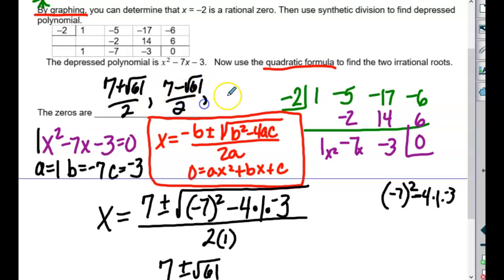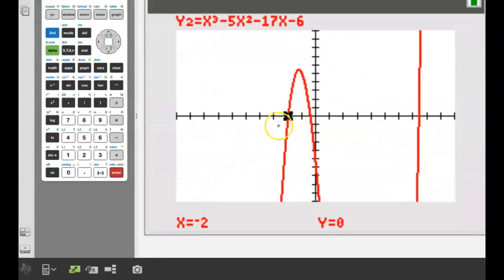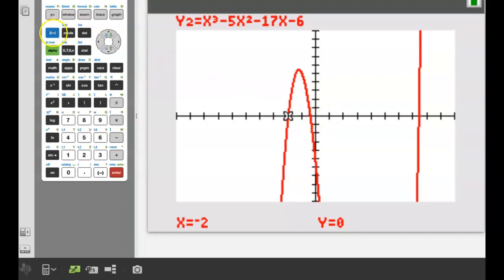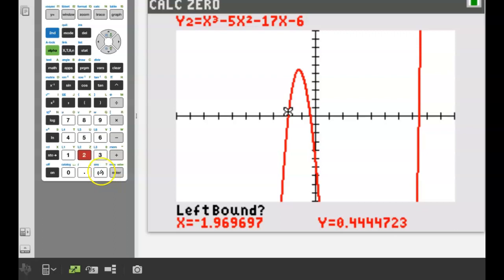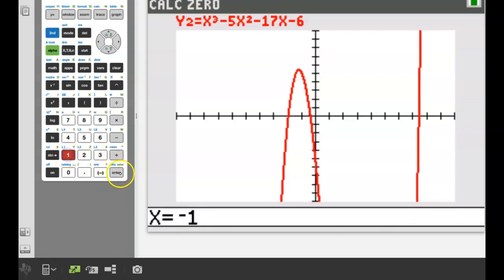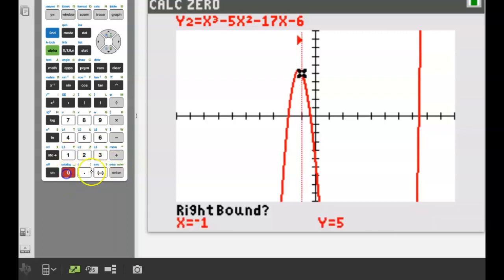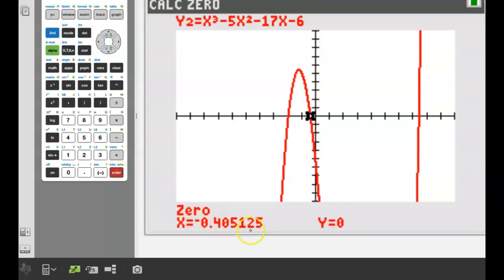And there was one nice one at -2. If I go back to the graph and I find this one, find the 0 between -1 and 0, it gives me this crazy decimal, okay?